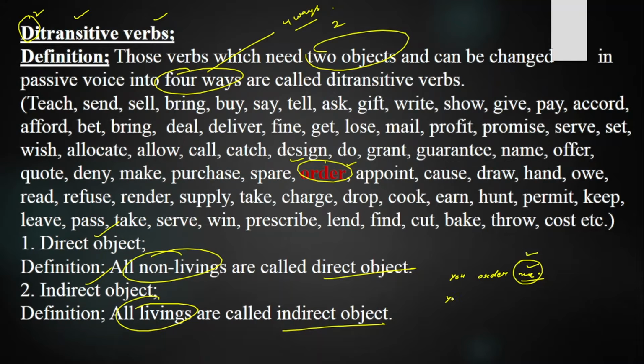So for that, if I say like you order dinner, now this is what you order dinner for, but for whom? So for that, you have to bring indirect and direct object together to complete their meaning. You order me dinner.